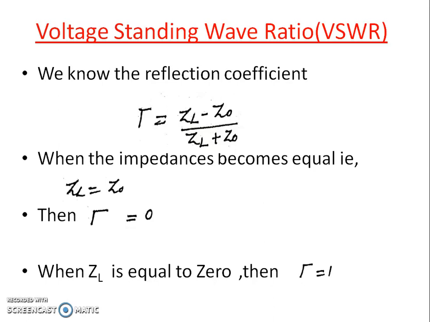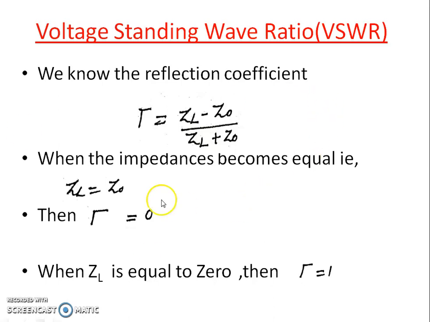And if we send something and everything is reflected back, whatever we sent, then the value of the reflection coefficient should be 1 and not equal to 0. That is, some reflection is there. So the reflection coefficient gamma is equal to 1. In that case, the value of ZL will be equal to 0.